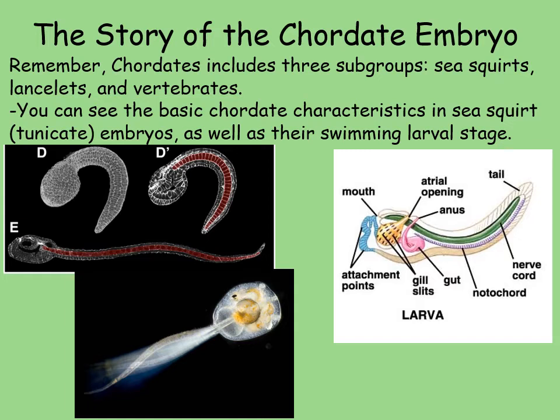If you look at the anatomy of this larva, which even for a sessile tunicate would be motile, they have the dorsal nerve cord that sits above the notochord. They would have the post-anal tail. They also have the pharyngeal slits close to the front of the head. So they have all of these distinguishing characteristics of a chordate.